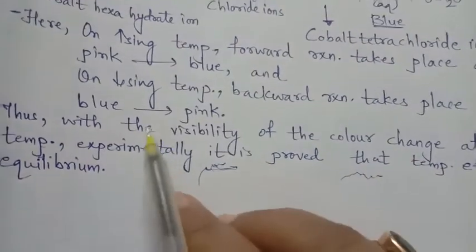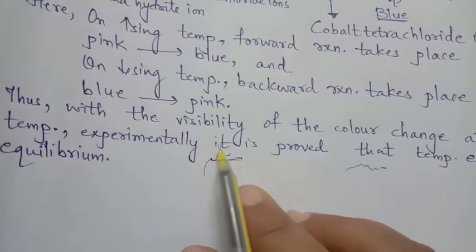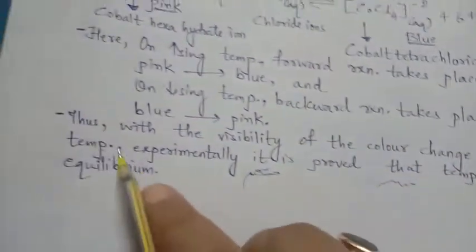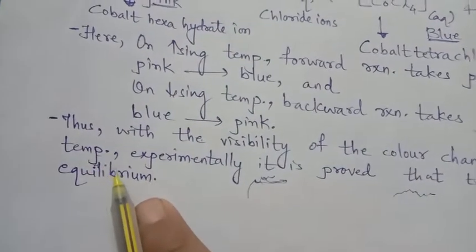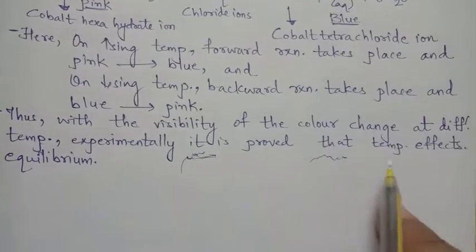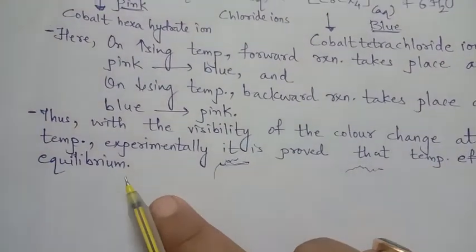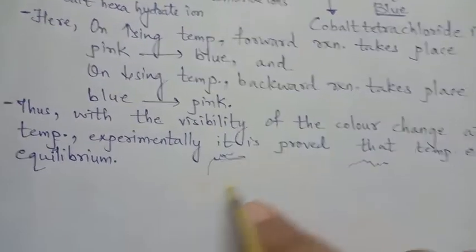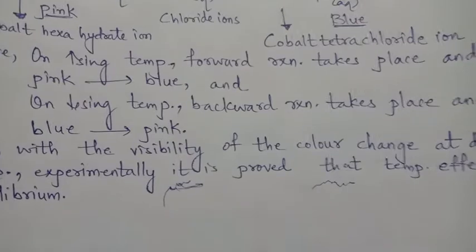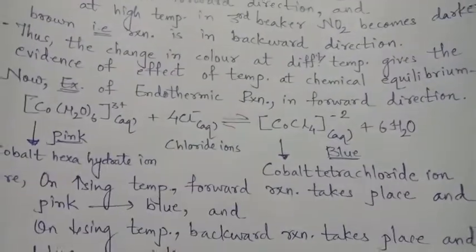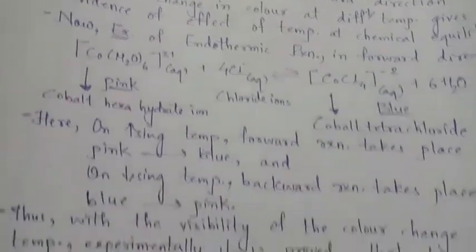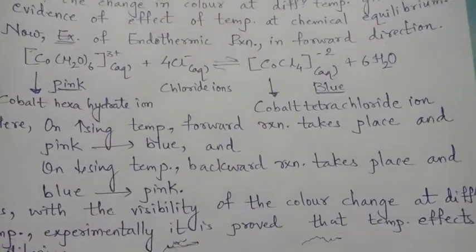So the last conclusion here also from this experiment is that with the visibility of the color change at different temperatures, increasing and decreasing temperature, it is experimentally proved that temperature affects equilibrium. And thus, we have now discussed all the factors which affect equilibrium, that is concentration, pressure, volume and temperature.